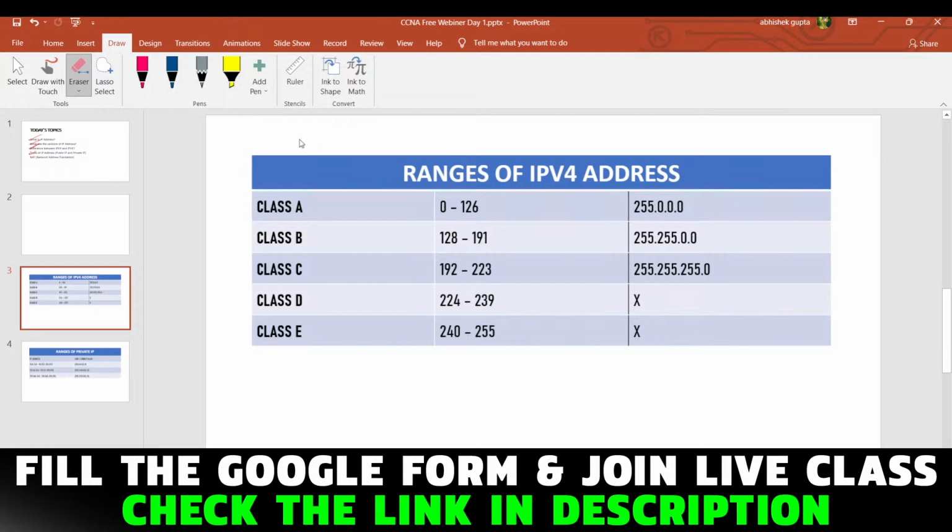Theory I understand, sir, but don't know about practical of IP version 6. Yeah, do not worry. I will let you know. Just kindly watch this session because only a few minutes are left. IP version 6 we will speak on some other day, because we have to also check the time. But kindly stay till the end because I have some information to share with you guys.